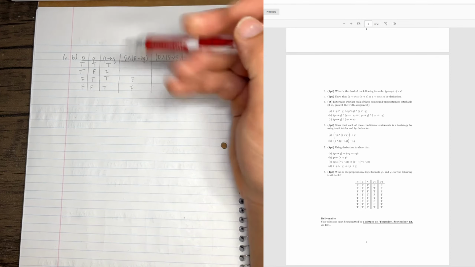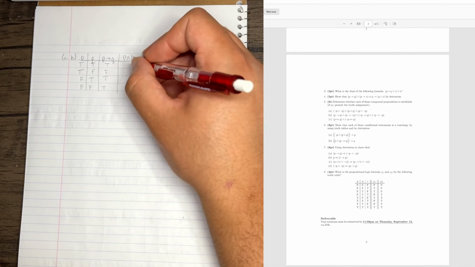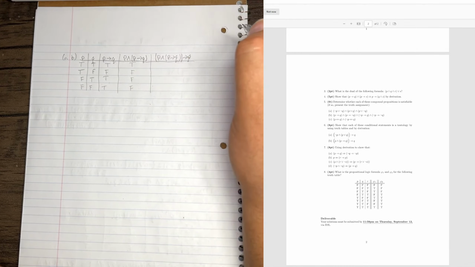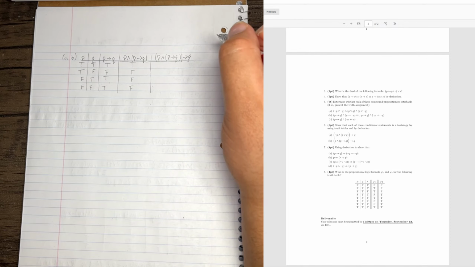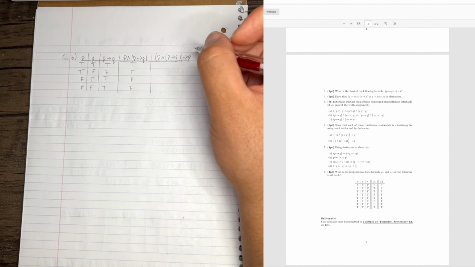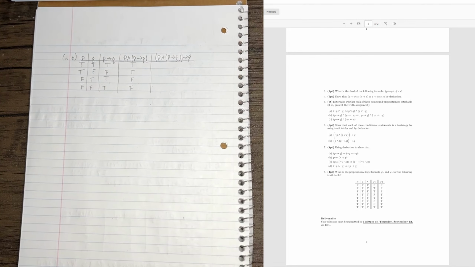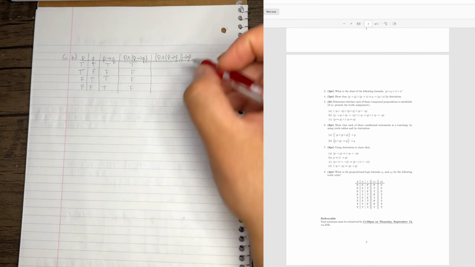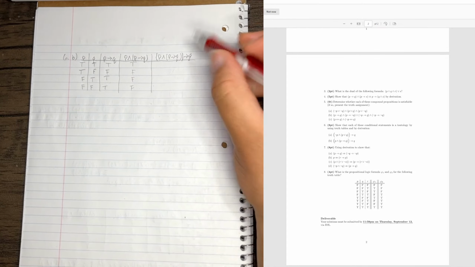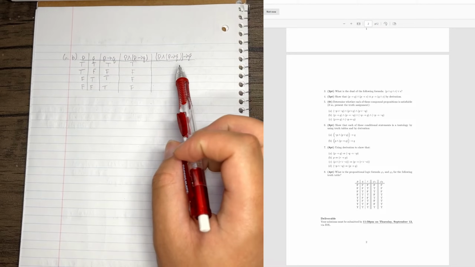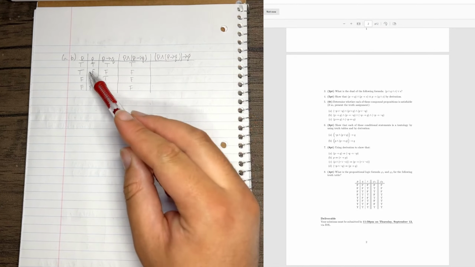So this one's not, so that would be false as well. But this one is true. And so the only difference between this and this is that this all needs to be with this.